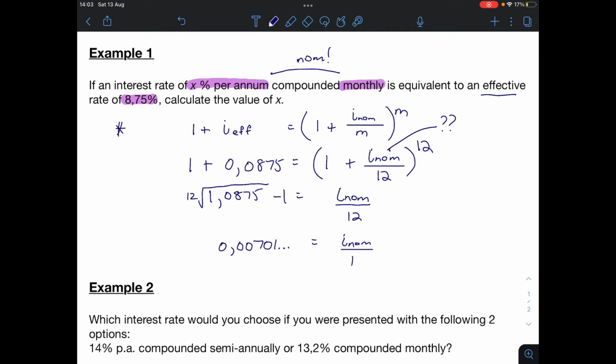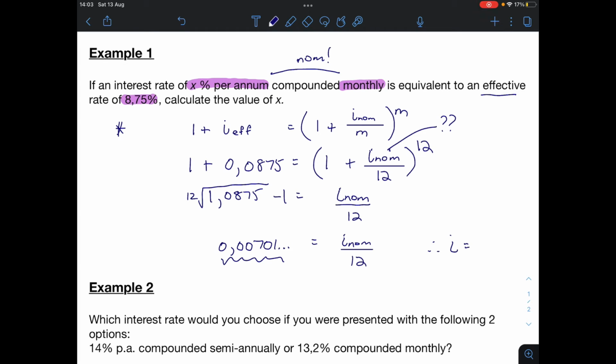Now, if we keep working, let's see if we agree. So now this number here, I'm going to multiply by 12. So I go times 12. And then once again, because that is going to be my interest, I want it as a rate, so I'm going to times by 100 to get it to percent.